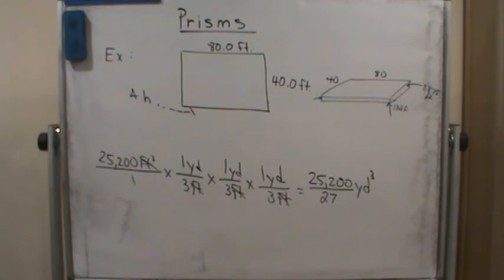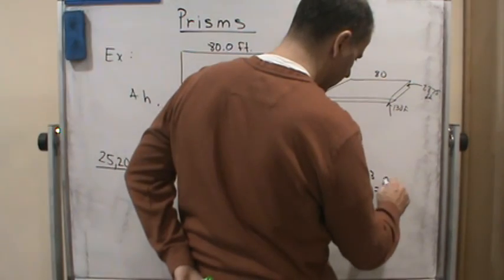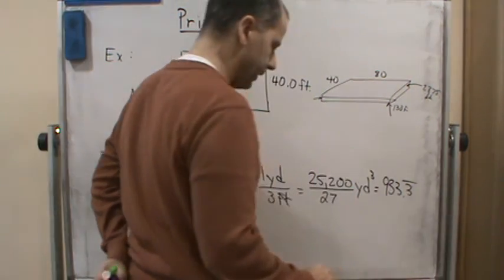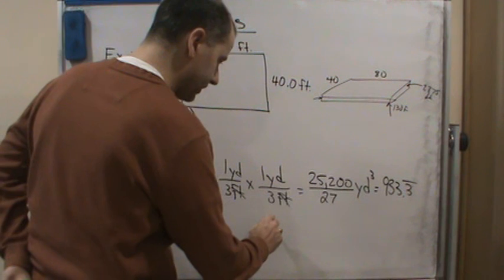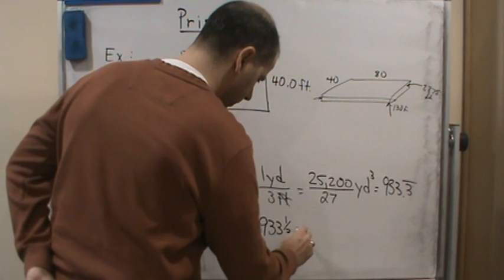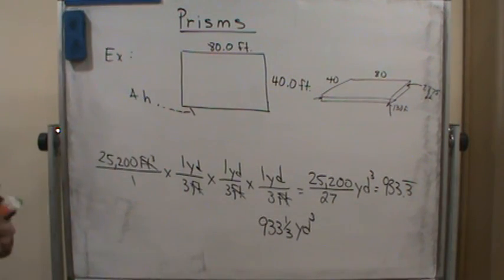When you do that, you get a repeating decimal: 933.3, that keeps repeating. So I would say that this is equal to 933 1/3 cubic yards. And that's it. That's the answer.